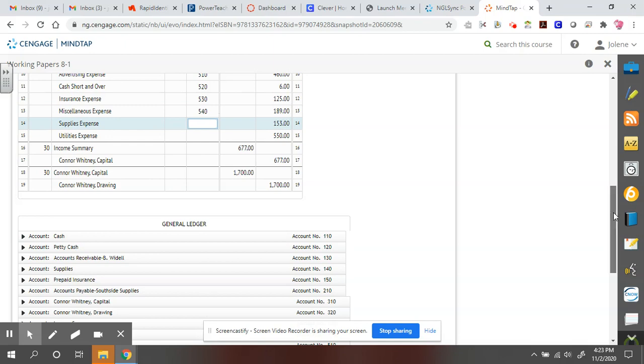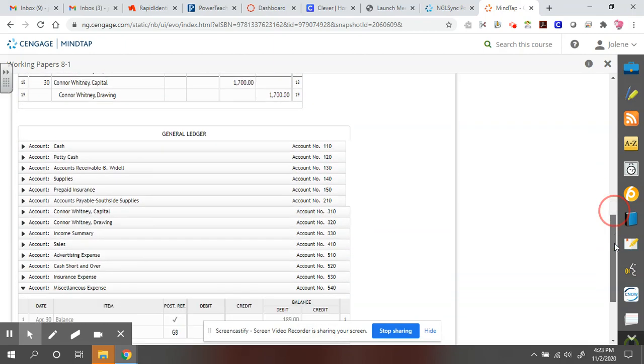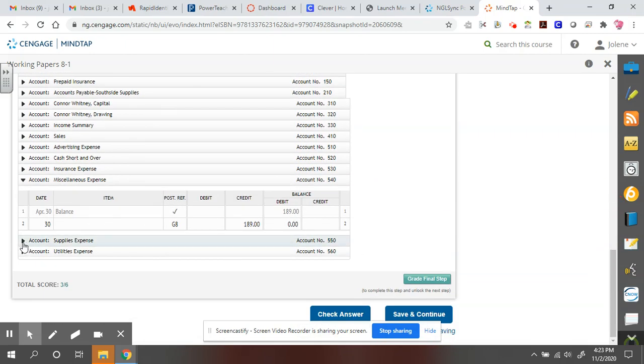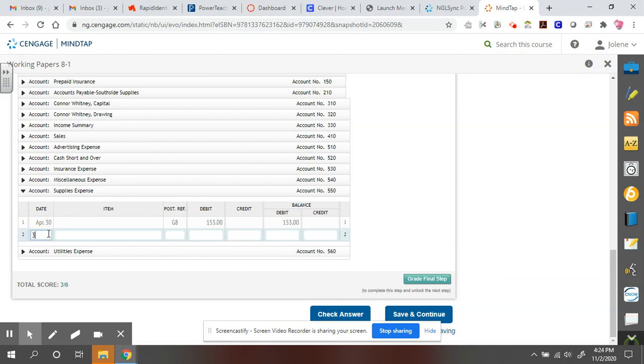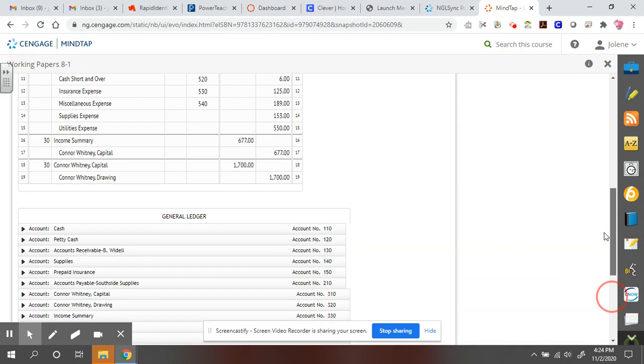Next, we have supplies expense for 153. Debit and a credit. Cancel each other out. It's a zero balance. Account number 550.